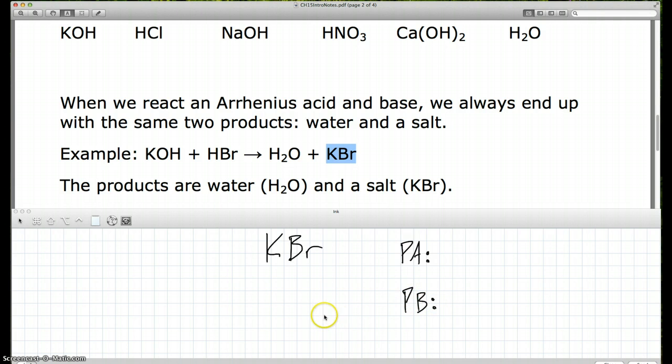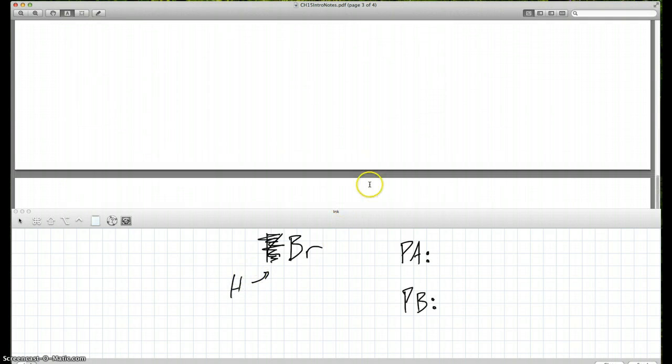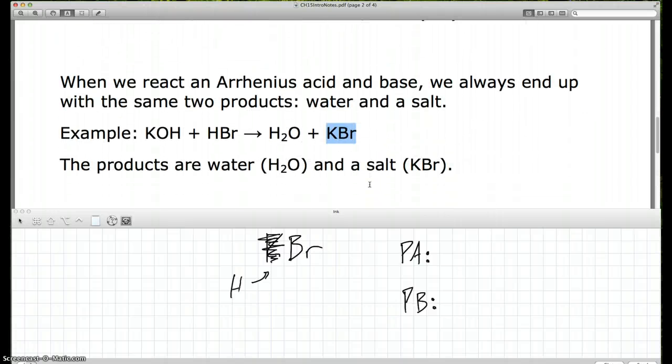I know the parent acid is an acid, and acids always start with an H. So all I'm going to do is replace whatever this salt is starting with by an H. I'm going to get rid of the K and put an H there. So my parent acid in this case, if I take away the K and put an H in its place, I get HBr.